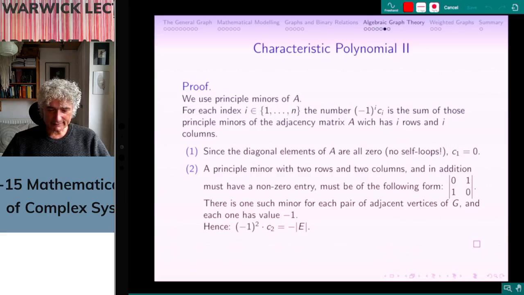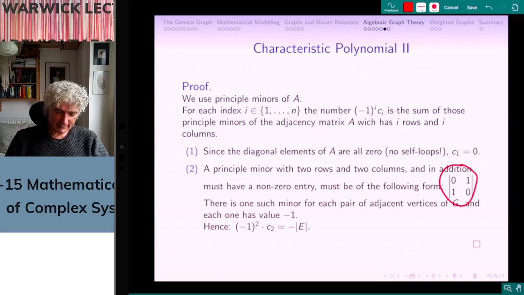Now, in case of the number of edges, you have to see that an edge is connected to the principal minors of this form. So you have here the determinant of the submatrix 0, 1, 1, 0, and so for each pair of adjacent vertices of G, there is one such so-called minor, and each one has the value -1.